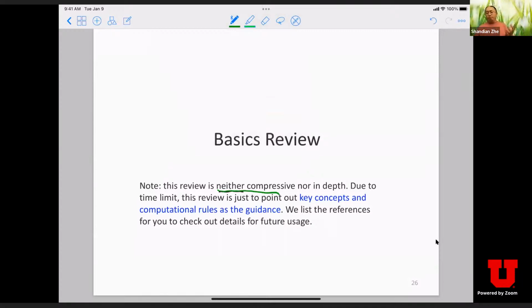So we list the key steps of doing things like matrix and vector derivatives, as we will discuss in a minute. But if you want a more thorough review or exploration, we'll give you the references. You can spend one weekend to take a look at that. Okay.